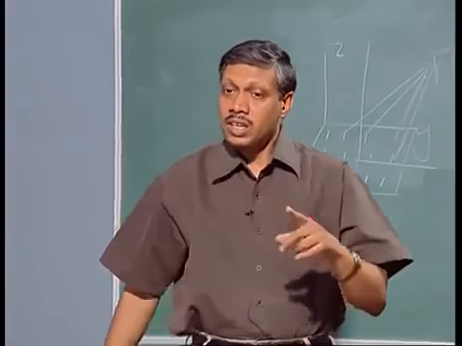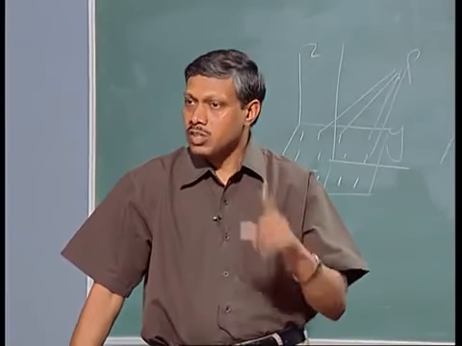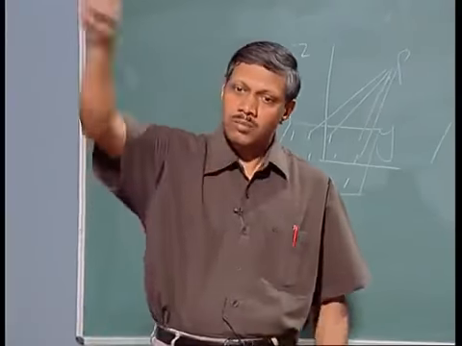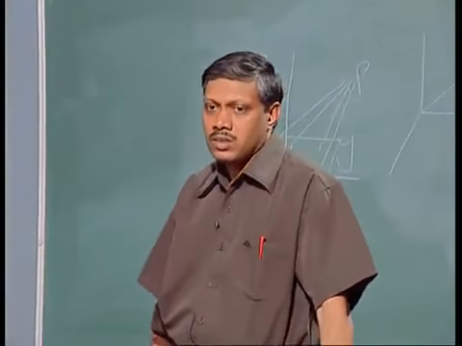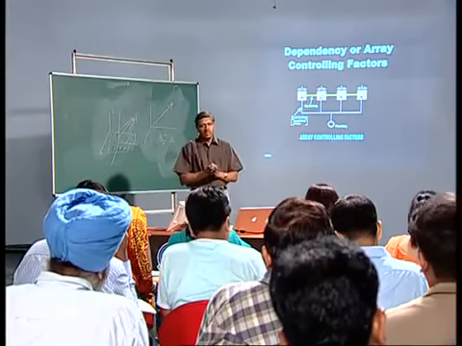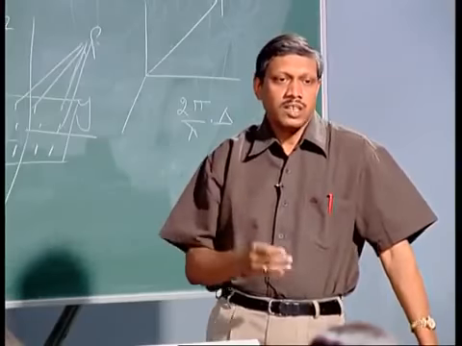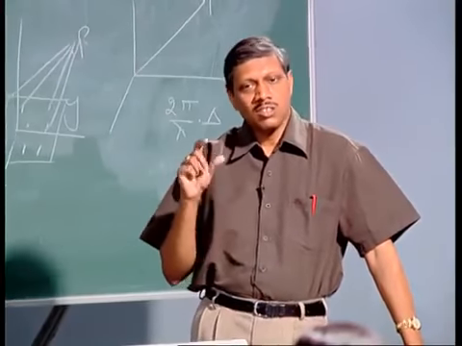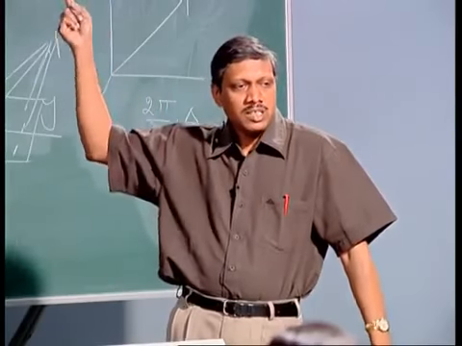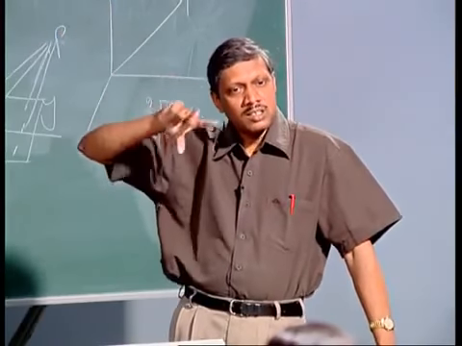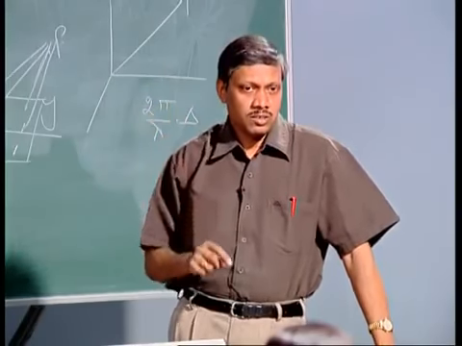So, you will have a phase variation due to the excitation source, and also a phase variation due to the path travel. What we are talking about here is because of the path travel. So, the space between two elements, or between the antennas in an array, is an important controlling factor, which ultimately decides what the phase will be at that point of interest, and that has to be arranged so that you have constructive interference in the required direction. Okay.